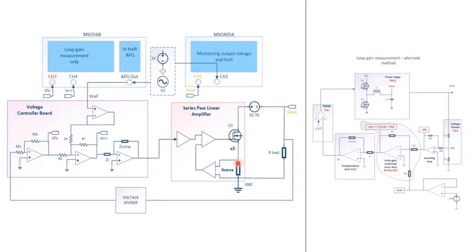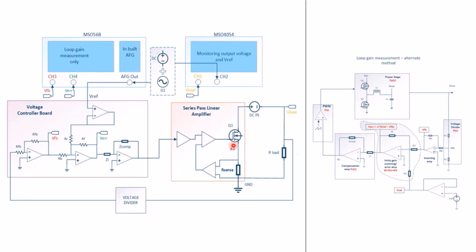Since I work on high voltage and high current applications which require high precision and low noise, a linear amplifier works well here at the cost of some power loss.